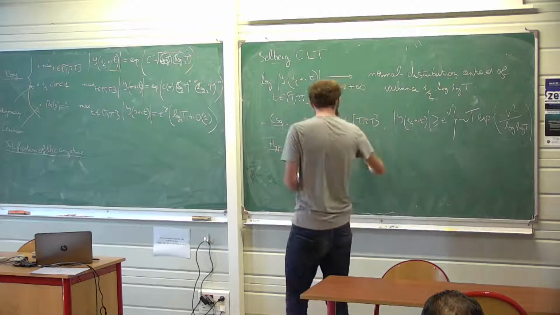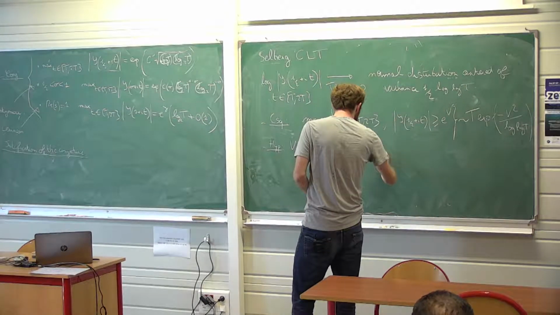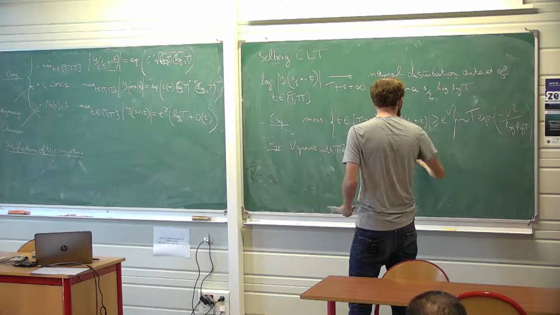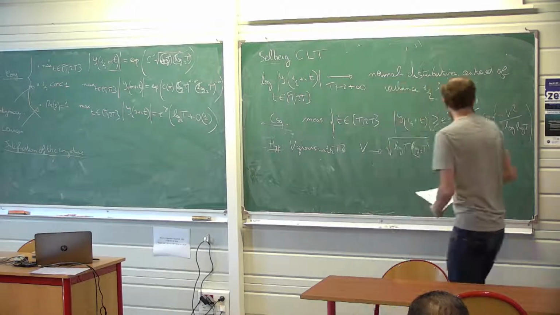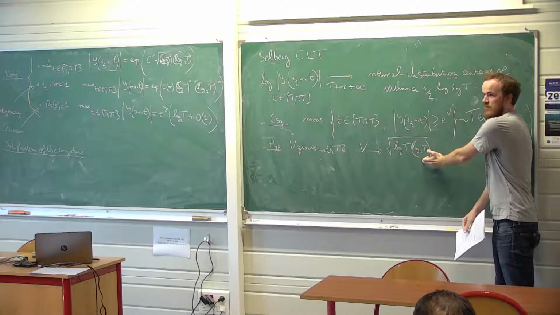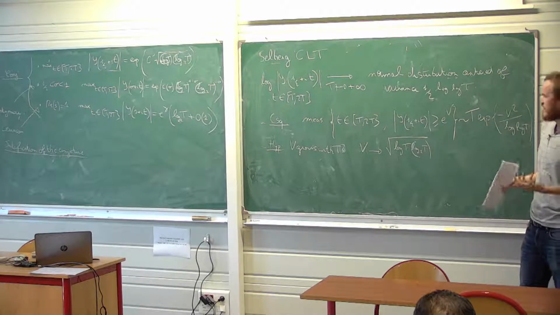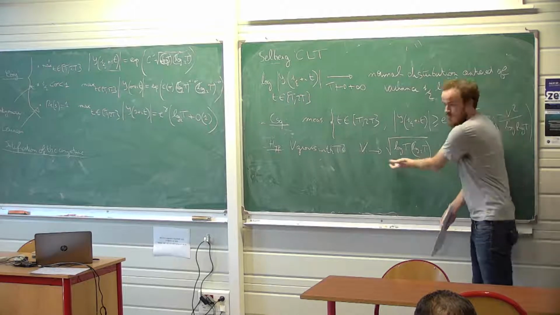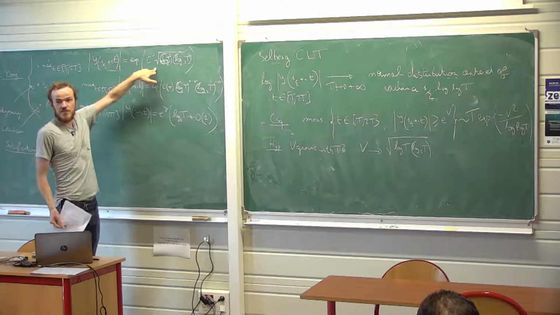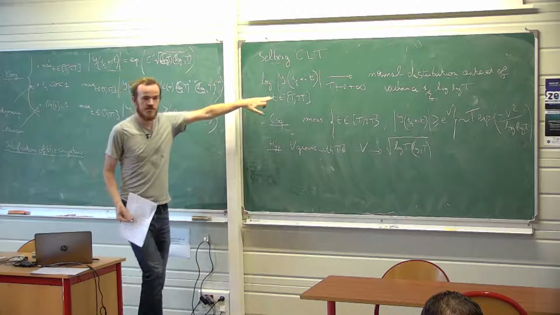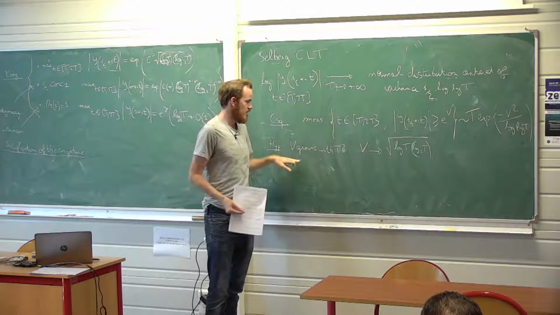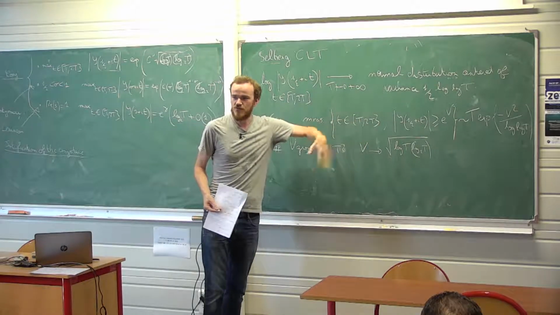But if v goes up to square root of log t log log t, you see that this measure estimate is non-trivial up to this bound. So you can expect that the maximal values of your zeta function should be something like that. You can recover it from Selberg's central limit theorem. But we cannot prove that this is true for v which grows up to this kind of values.